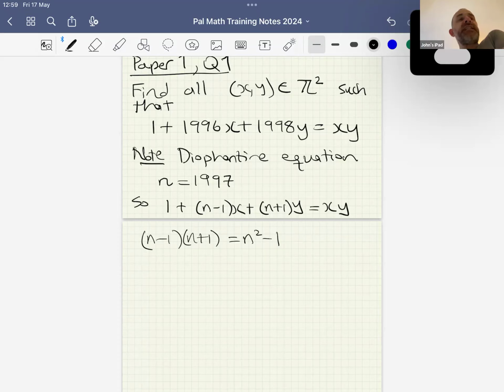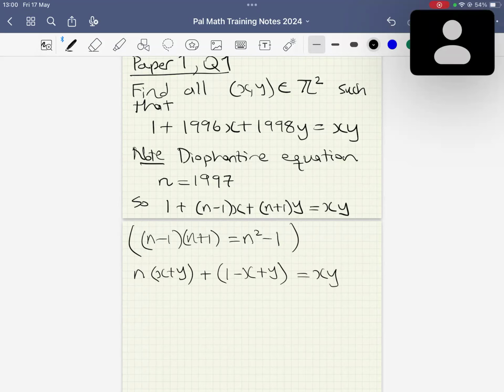The idea is that if you leave the n's on the right hand side, I'm going to rewrite it as 1 plus, I'll keep the part that's involving n, so we've got n into (x plus y), I'll put that in brackets. What doesn't depend on n is 1 minus (x plus y). That's equal to xy. Agreed?